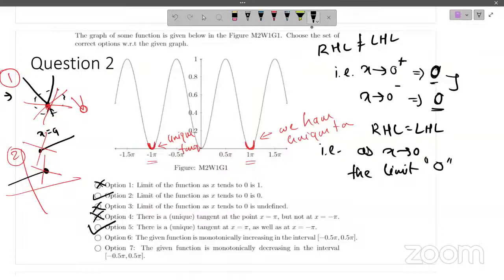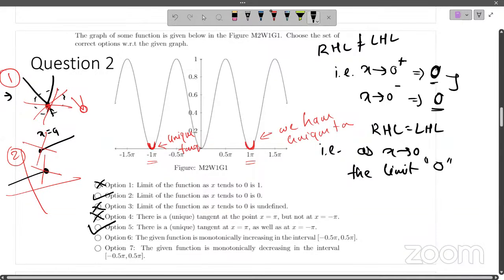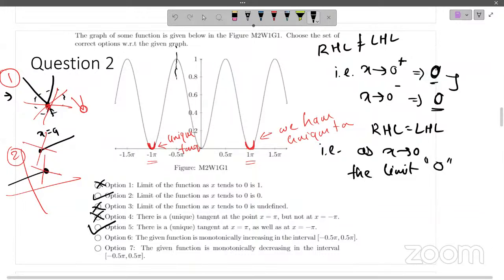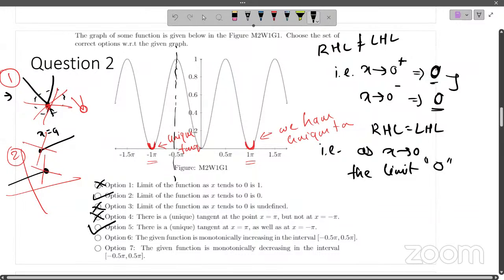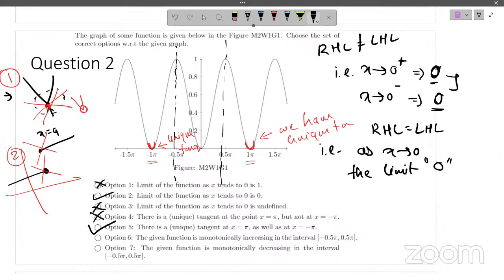Now, the given function is monotonically increasing in the interval minus 0.5 pi, comma 0.5 pi. Okay, so where is our point? This is our point, right? So first observe this section. In this section, you observe that as we reach 0, our function is decreasing, right?